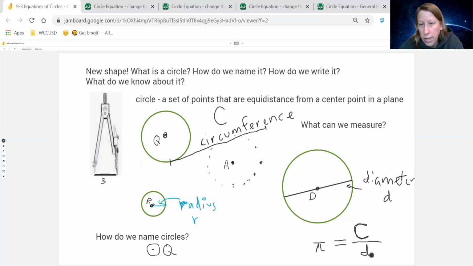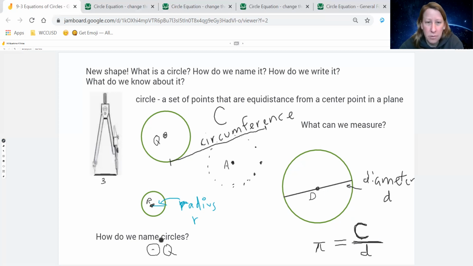Okay, so pi, this Greek letter of the alphabet, is used to represent any circle's circumference divided by its diameter. Circumference divided by diameter. Another way to say that is if I take this diameter, it would fit 1, 2, 3, and then we would need a little bit more to finish the circumference. The diameter would go around the circle exactly 3 and a little bit exactly.